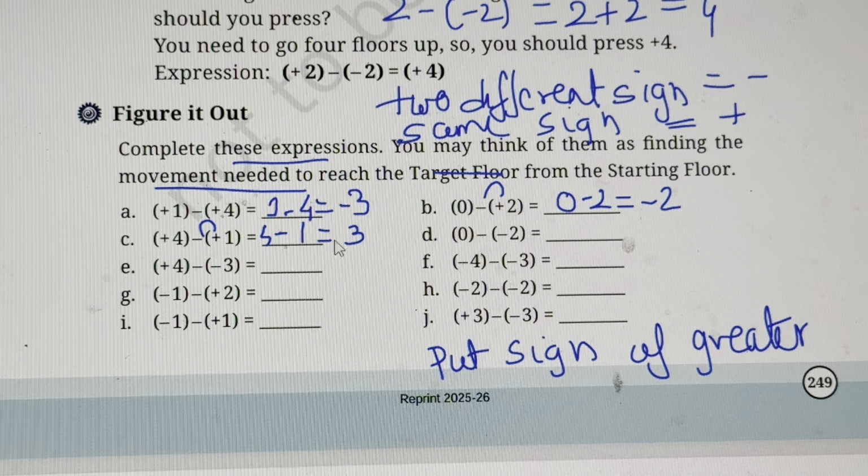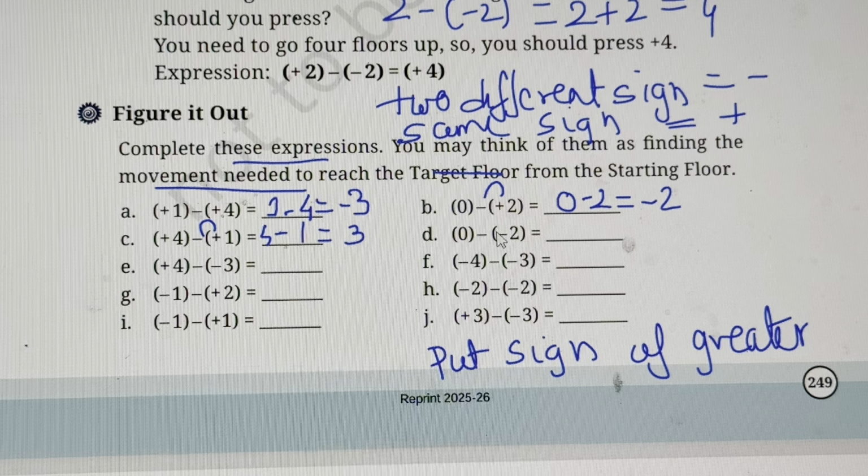4 is positive. You see, compare these two numbers. 1 minus 4 is minus 3 because you are subtracting a bigger number from a smaller number, so you'll get a negative answer. And here in this case, you are subtracting a smaller number from a bigger number, so you get a positive answer. Now D, 0 minus minus 2.